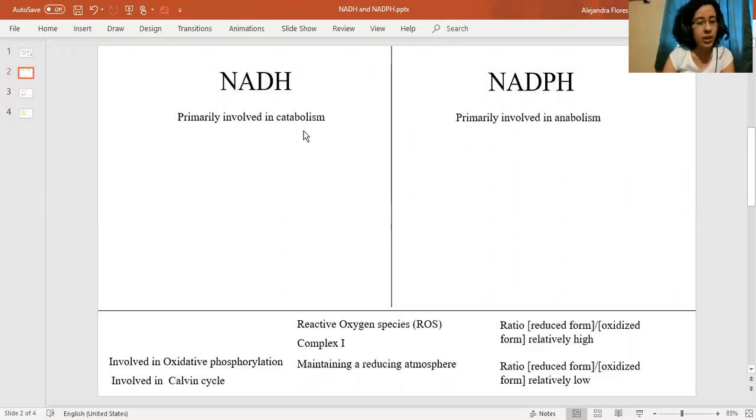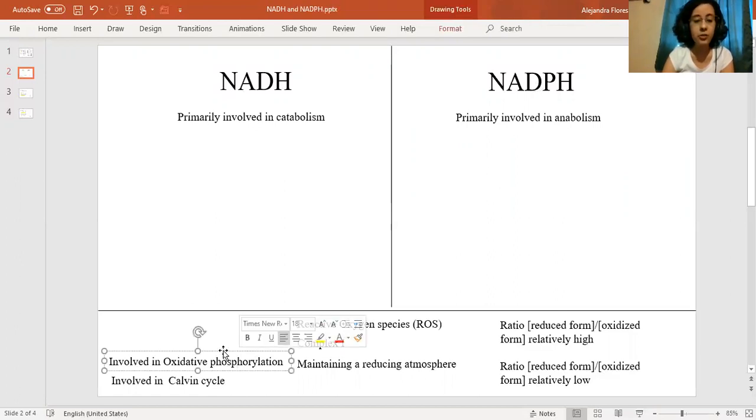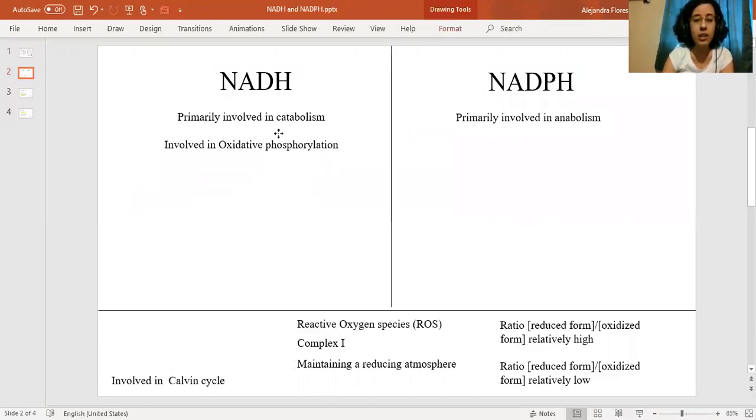Let's start with a process more familiar to NADH. As you can see here, I have phrases like involved in oxidative phosphorylation and complex one. So NADH is involved in oxidative phosphorylation. By using the electrons from NADH, it's possible to produce ATP.